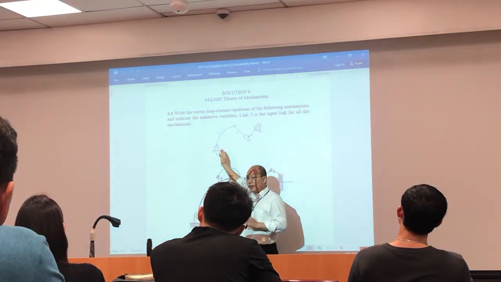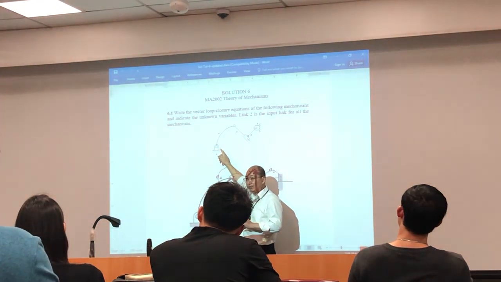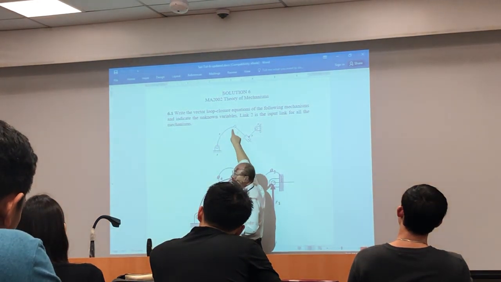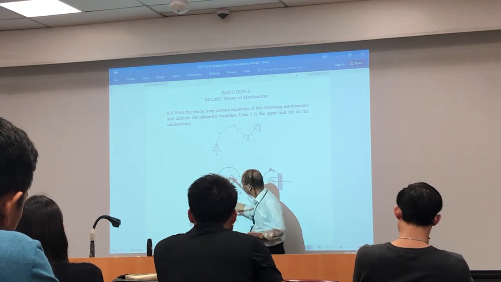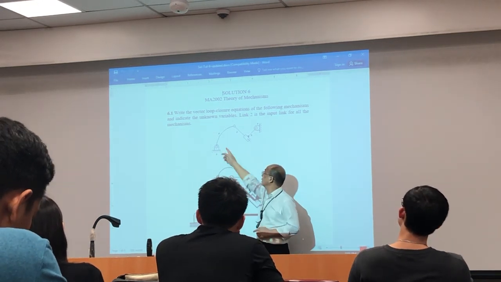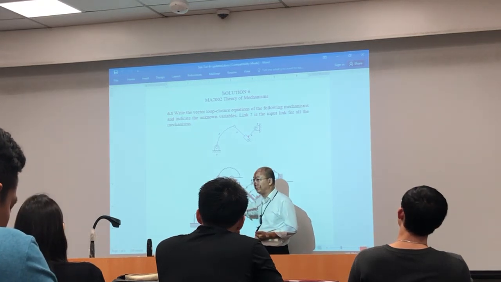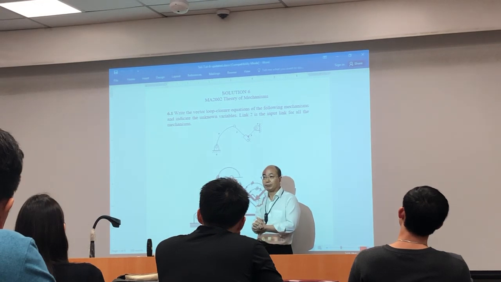Okay, but actually for a link, the most important thing is the location of the joint, right? So we never draw a curved vector. We just draw a vector from this joint to this joint to represent this link. Okay, so we draw another vector to represent this link, because once we determine the location of this vector, the location of the curved beam is determined, right?